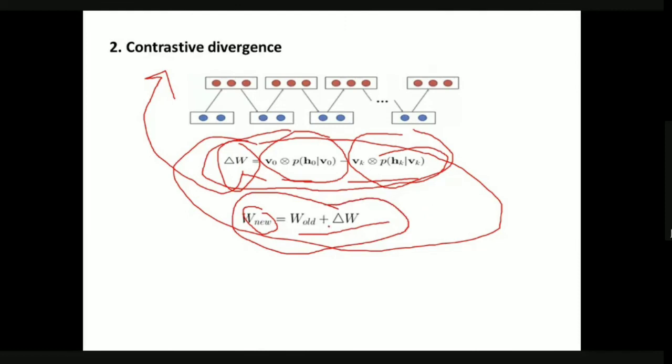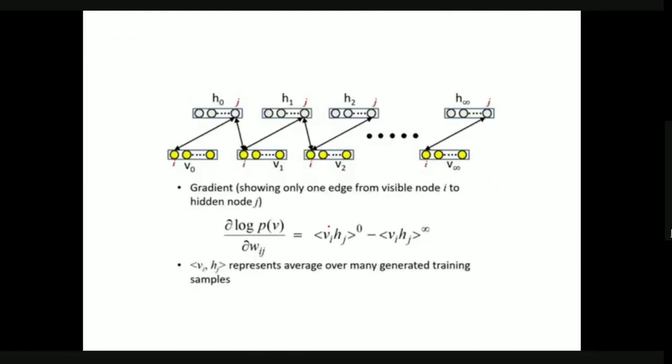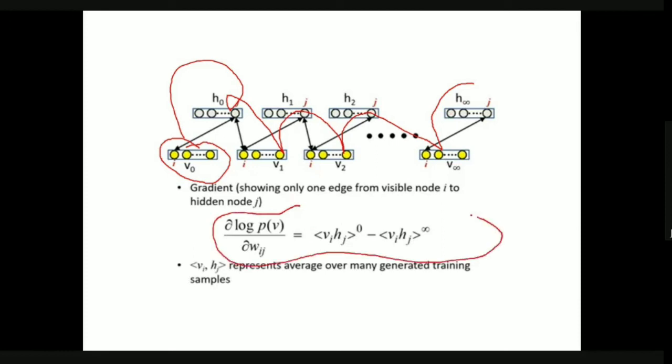This is how the overall training is going to happen. We have the initial input vector V0, and from here we got H0, and from this we got V1, then H1, then V2, then H2, and so on up to V infinity and H infinity. According to this formula, ∂ log P(V) / ∂Wij equals the initial value of ViHj minus the last value.